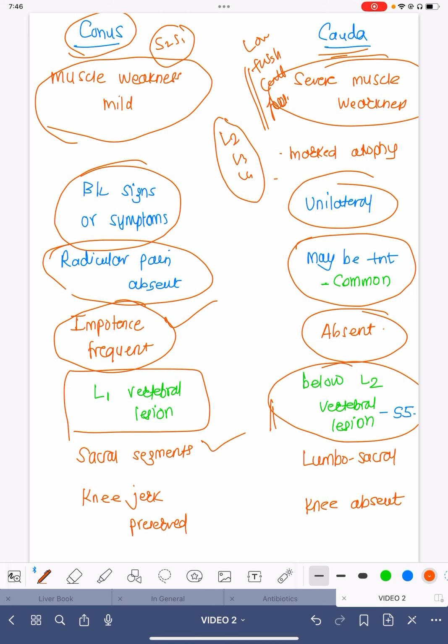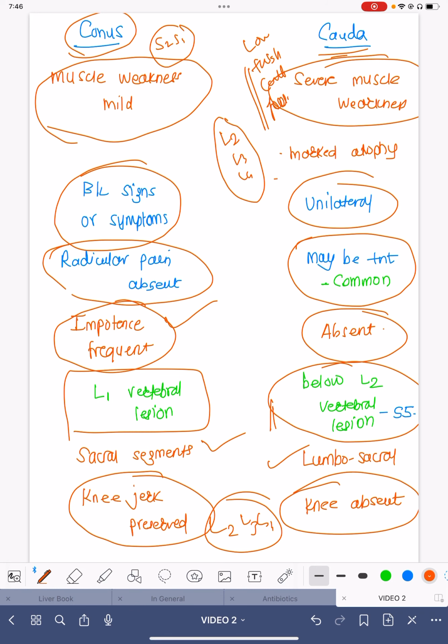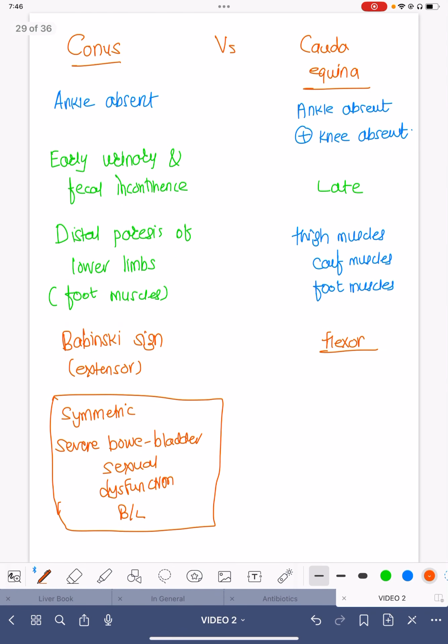I already told that in conus there are sacral segments, whereas in cauda there will be lumbosacral segments. We must know in conus, knee jerk will be present because the knee is supplied by L2, L3, L4 nerve roots, and these are spared in conus, whereas these are the most commonly involved roots in cauda equina.